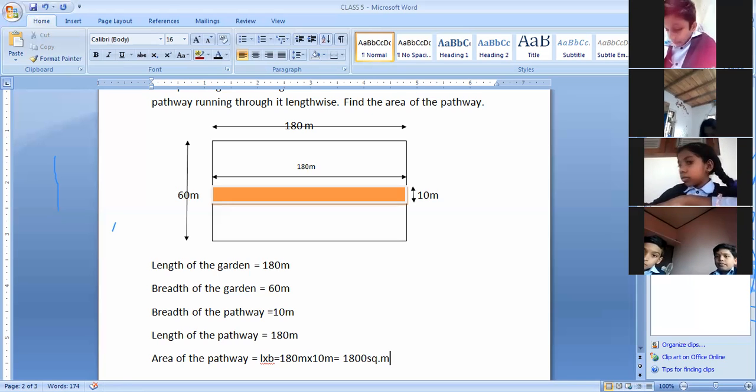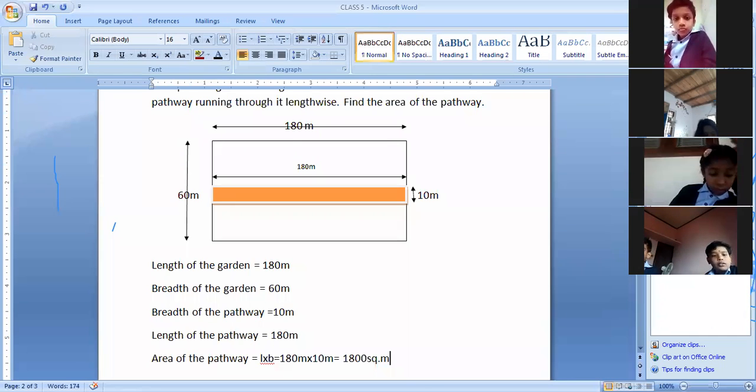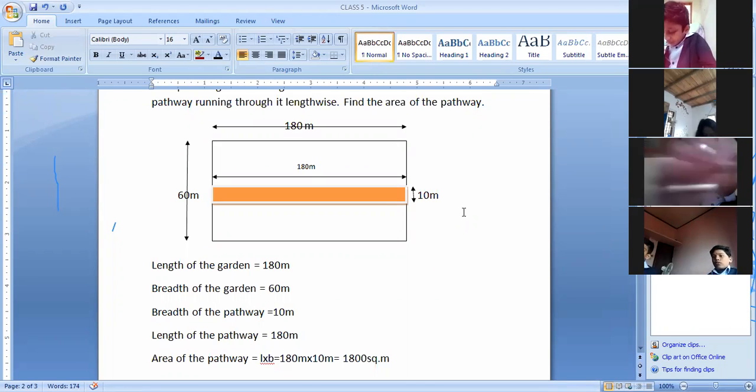Clear? Anyway, let's continue in the next class. It's 4:40 already. I have 3 homeworks for you. That is in exercise 7.4, 3, 4, and 5. These 3 questions are homeworks for you that you have to do. Don't tell me I didn't do that homework.